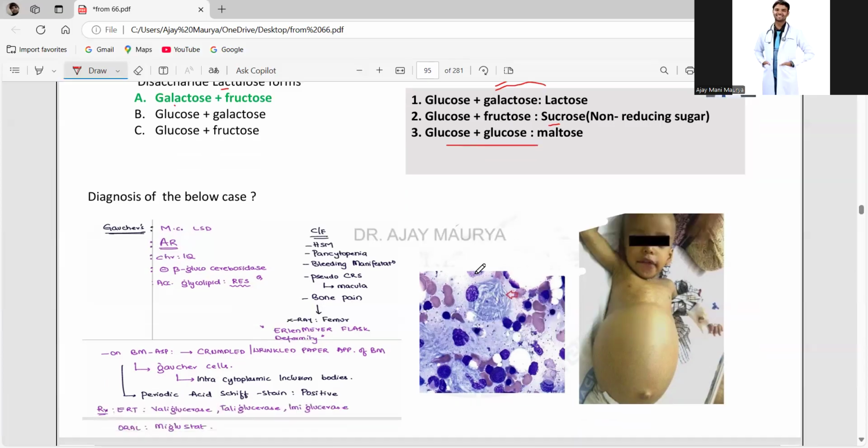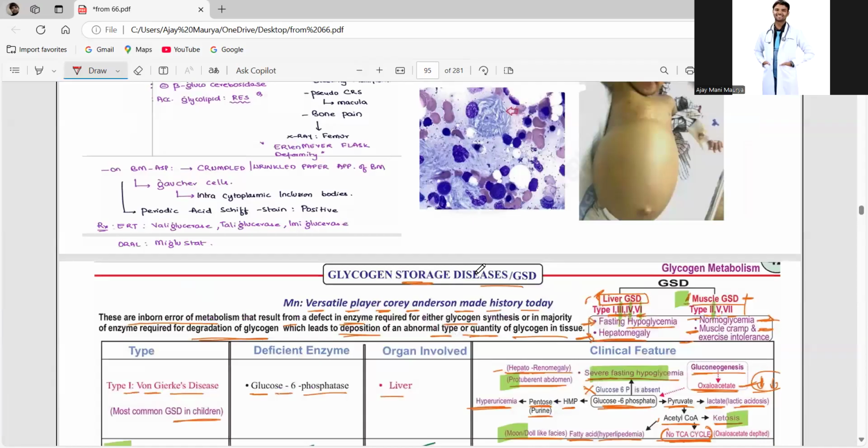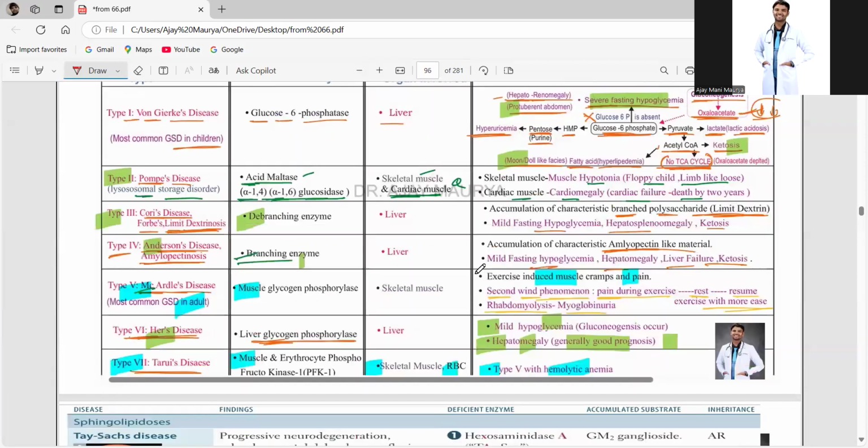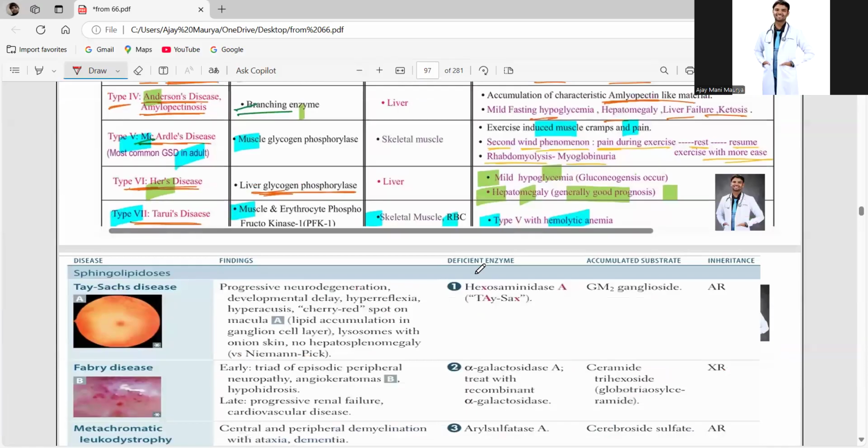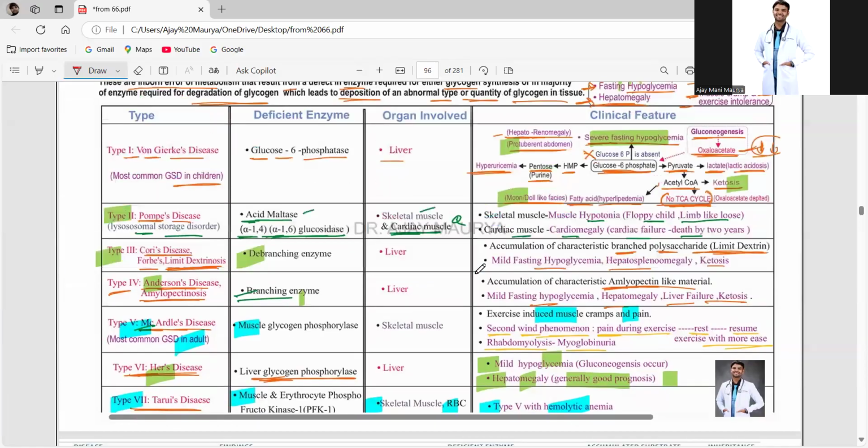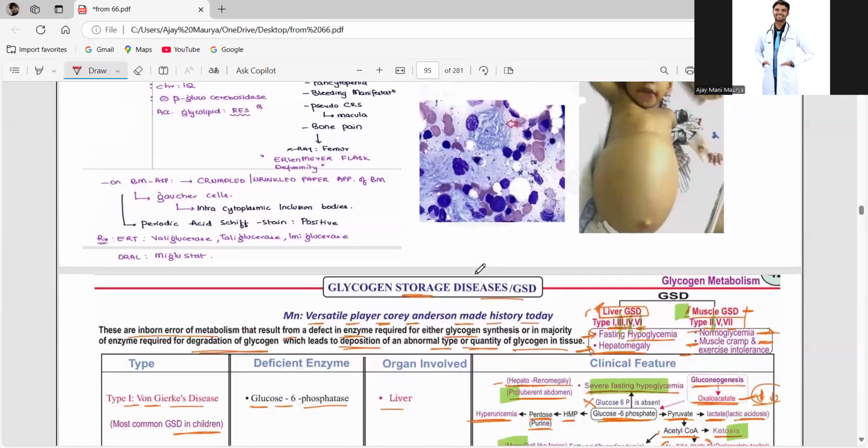Remember from all these, the glycogen storage diseases.